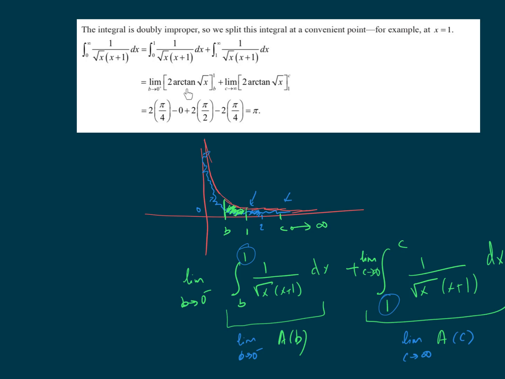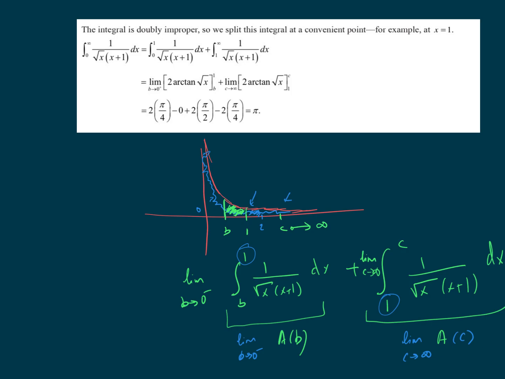So if you do this and you do a change of variable, this is the integral. If you do the change of variable square root of x equal u, the change of variable will take you to an arc tangent of a square root of x. You evaluate between v and 1 and between 1 and c. You make the limits, and this limit will be pi.